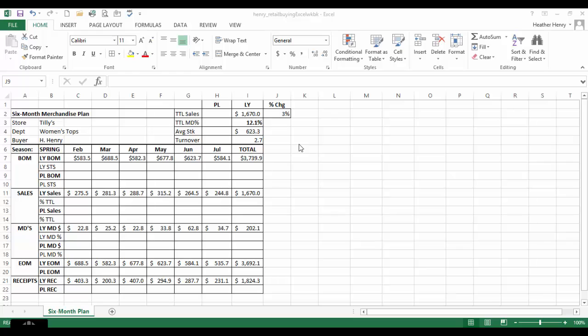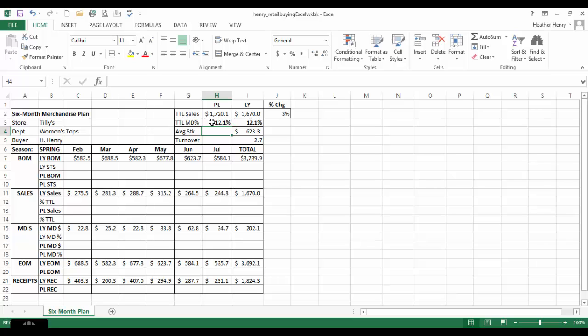So next we are going to take our last year information times 1 plus our 3% increase. This will now bring our sales plan for the year to $1,720,000. So next we are going to use the same markdown rate of our 12.1%.